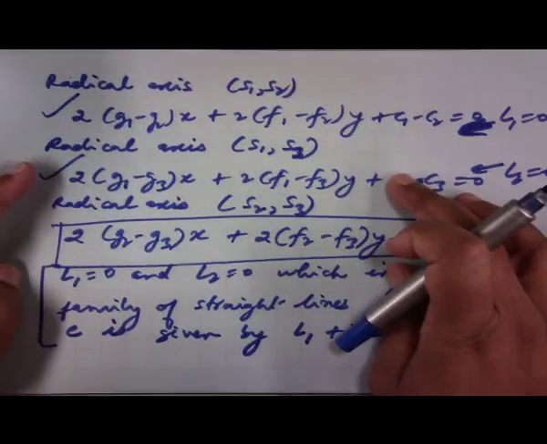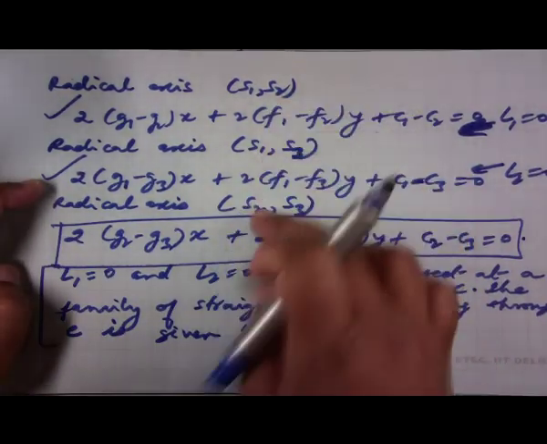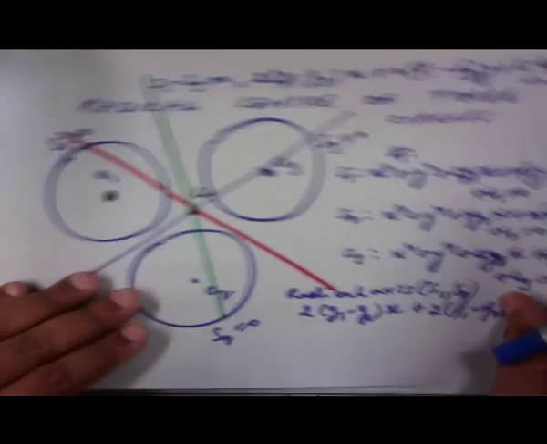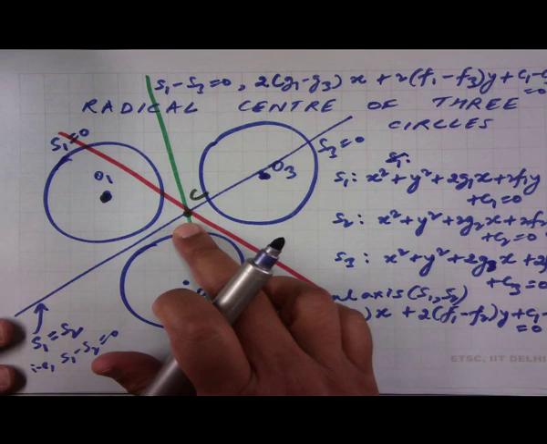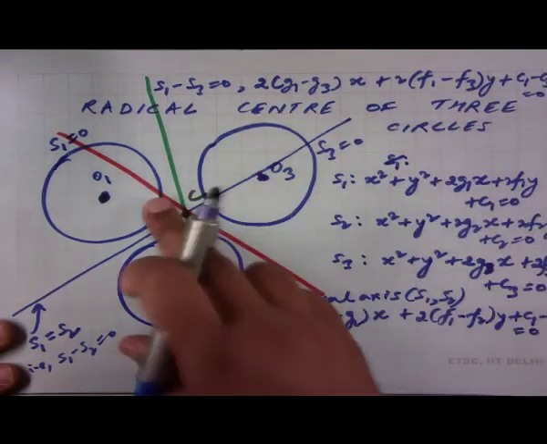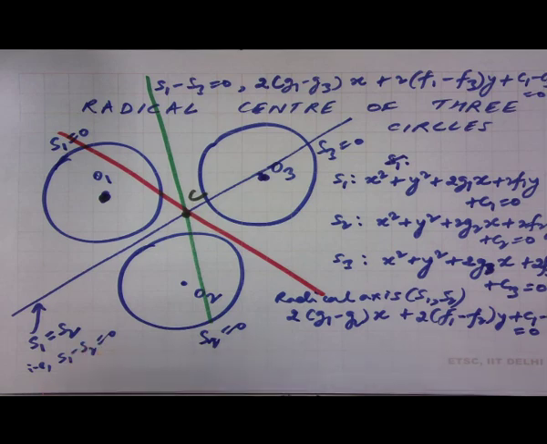Essentially, all these three radical axes are concurrent at one point C, and this point is then called the radical center of the three circles.